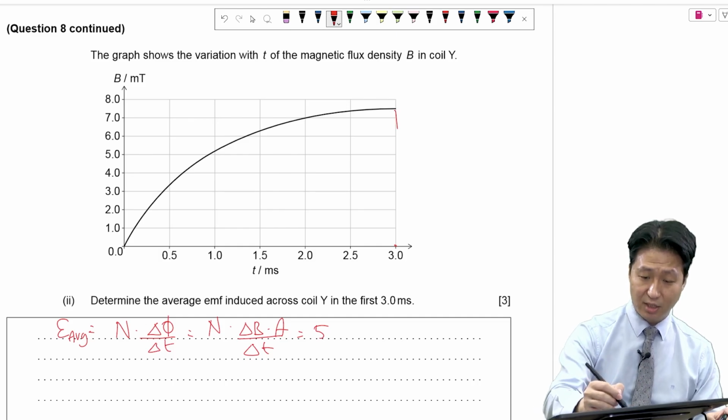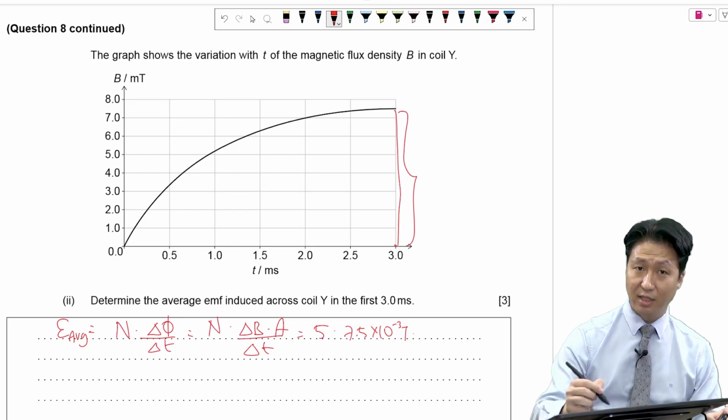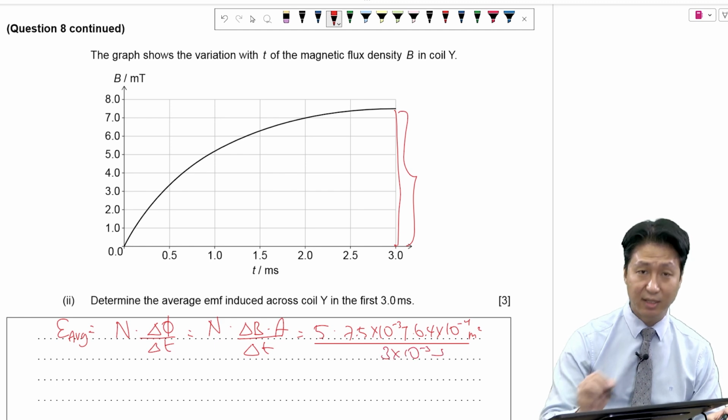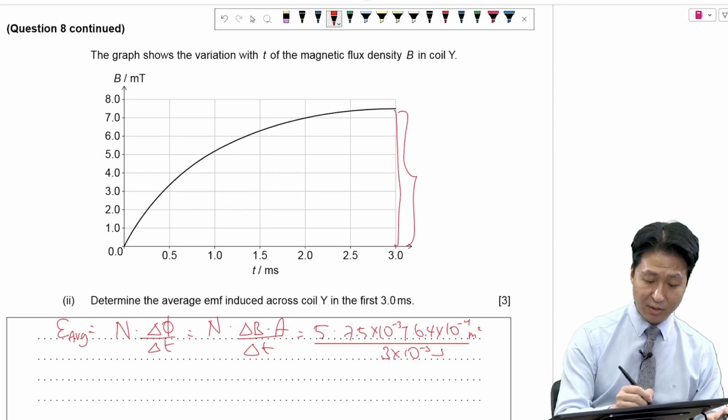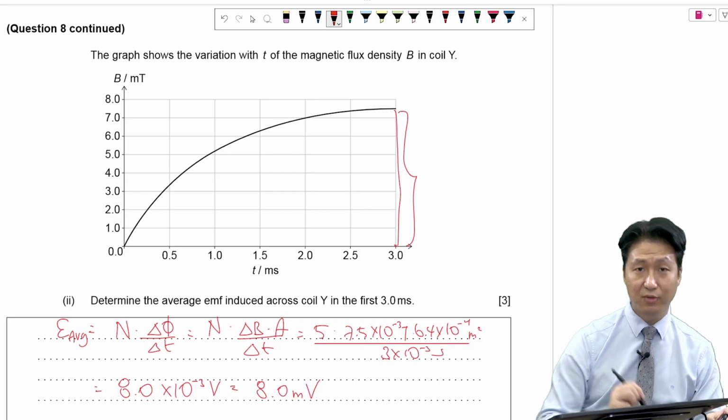The change in the magnetic field strength here is 7.5 times 10 to the negative 3 because it's milliteslas. And the area would be 6.4 times 10 to the negative 4 square meters over the time, which is simply 3 times 10 to the negative 3 seconds. Using these values, we would get this to be about 8.0 times 10 to the negative 3 volts, which is 8.0 millivolts.